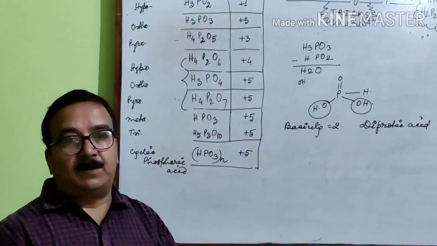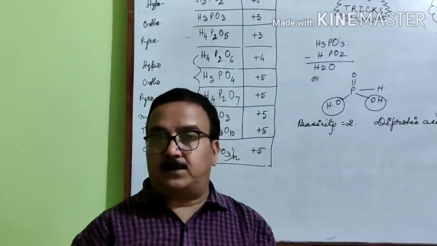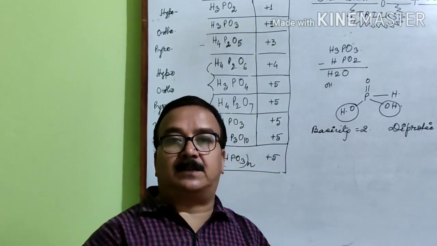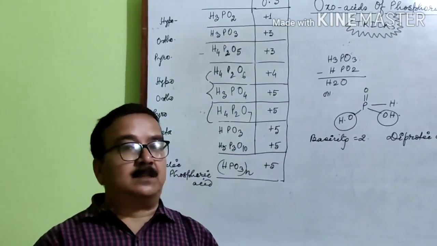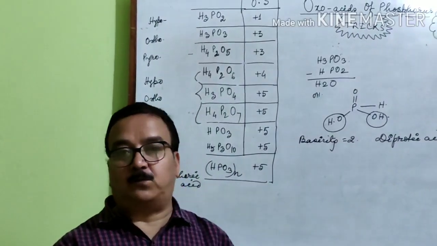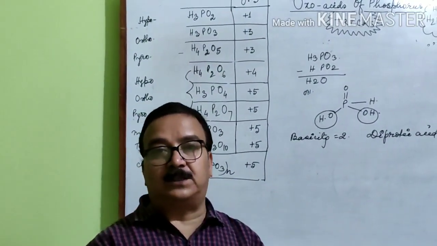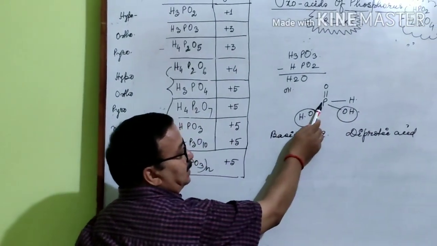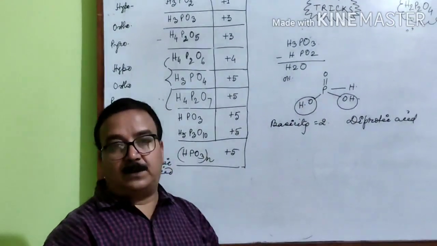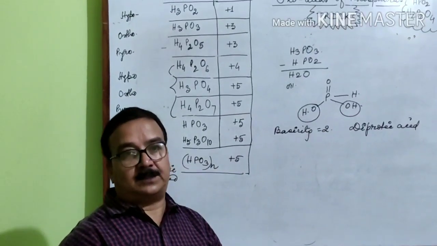Now, always remember that if a hydrogen atom is directly attached to the central atom P, then that oxo acid of phosphorus shows reducing nature. Here in this case, 1 hydrogen atom is attached to P, therefore it will show reducing nature.